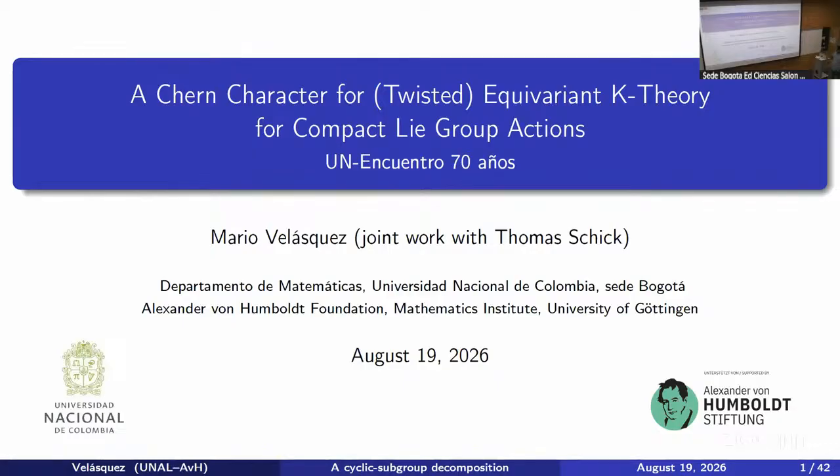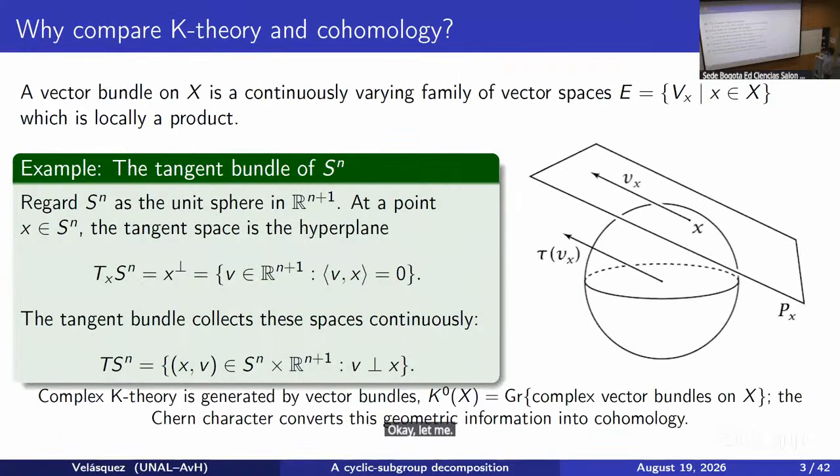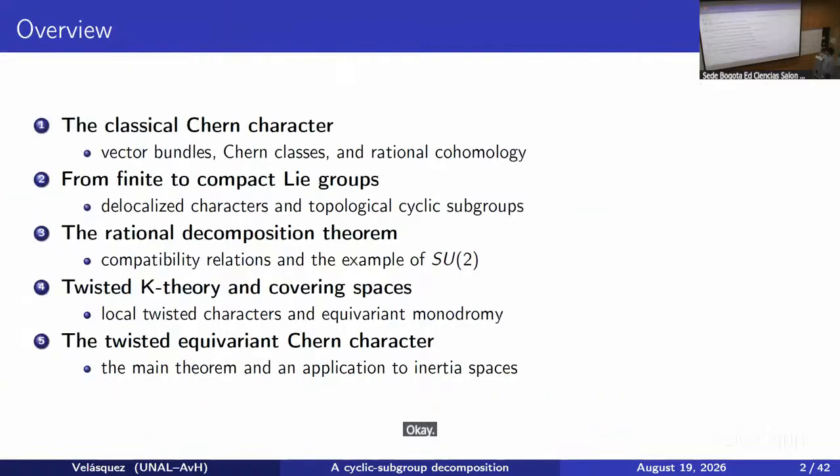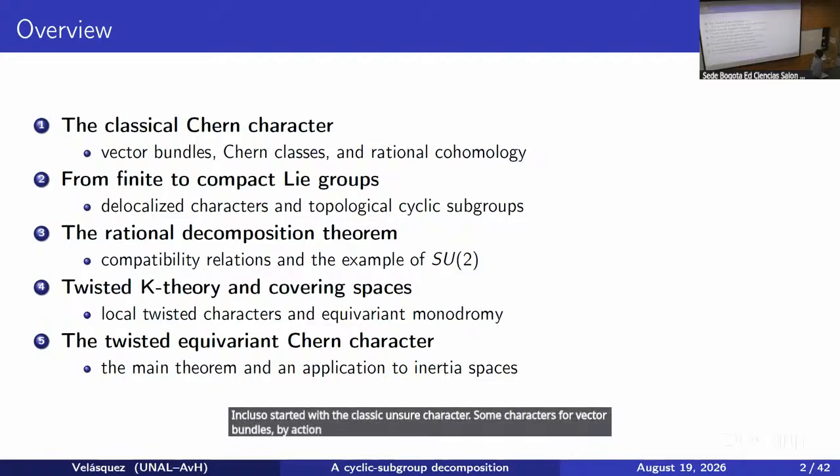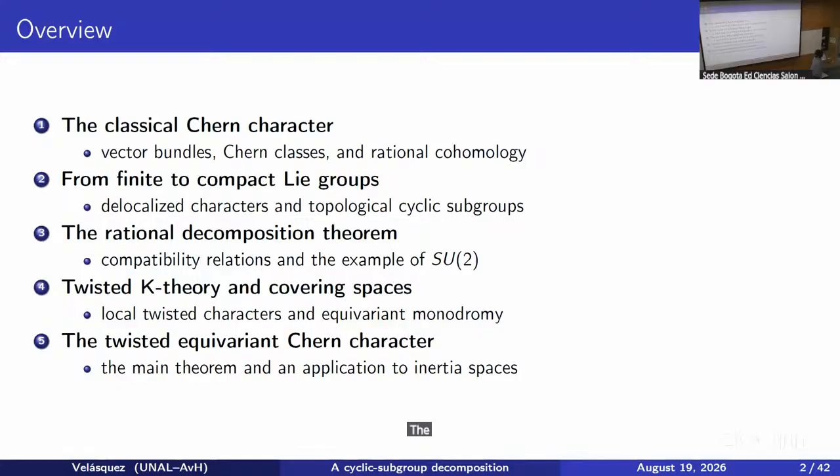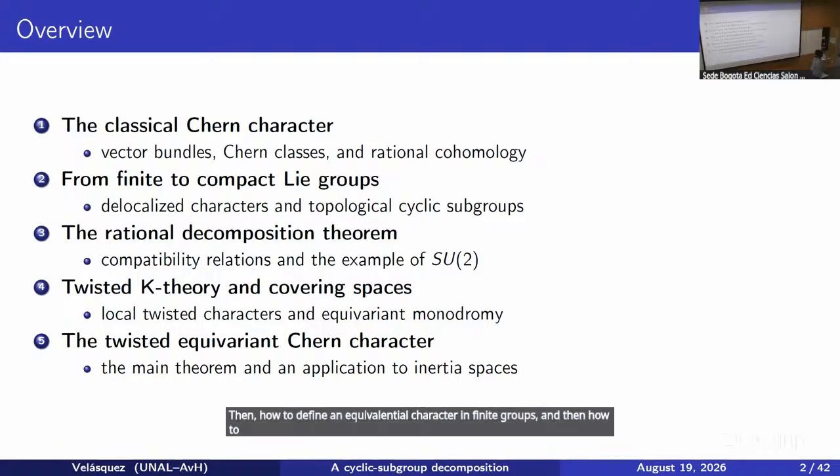It's a new decomposition theorem in twisted equivariant K-theory. Let me give an overview about this talk. We will start with the classical Chern character for vector bundles, by Chern classes, taking values in rational cohomology. Then how to define an equivariant character for finite groups, and then how to extend from the case of finite groups to compact groups.